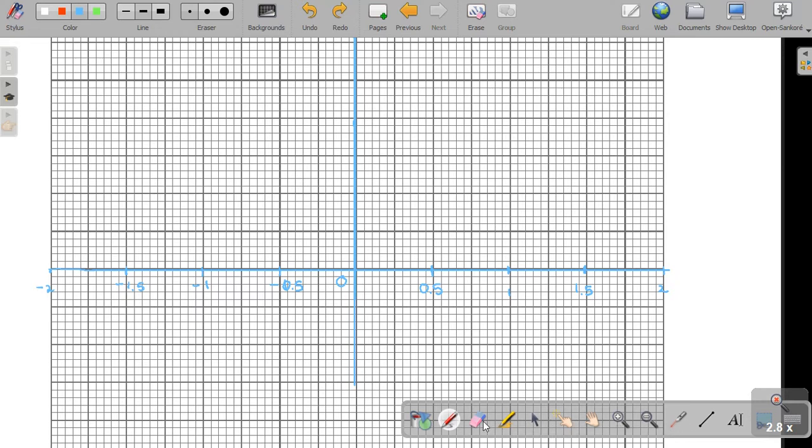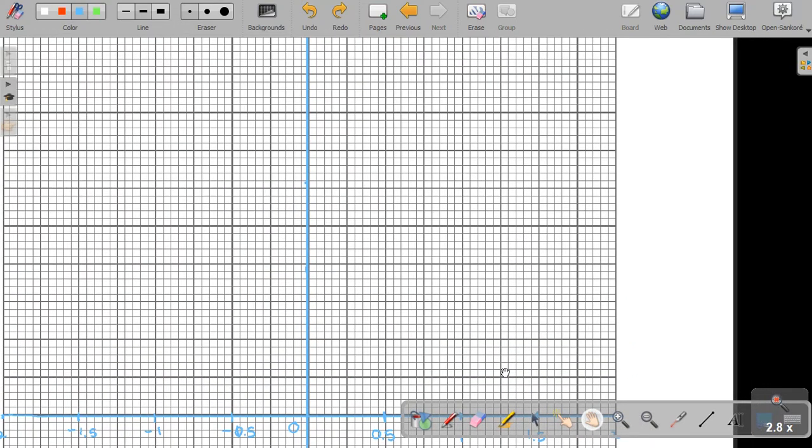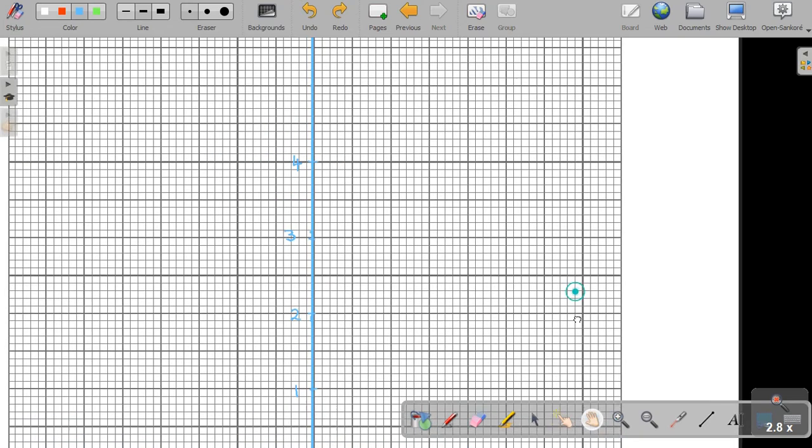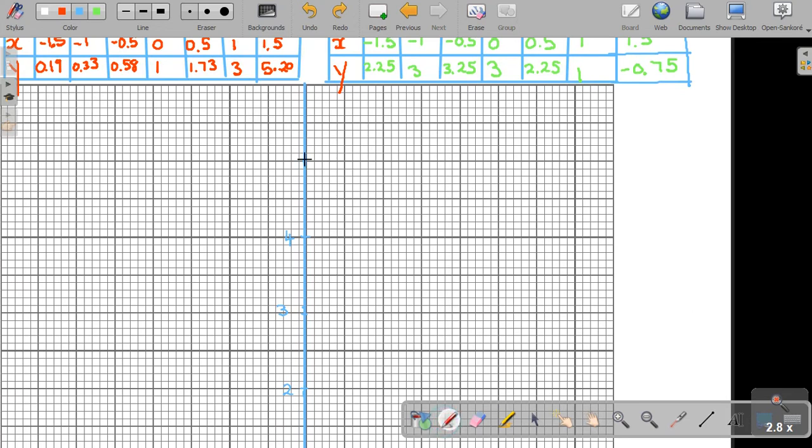Okay, let's just write it down. So this is going to be -1. 1 unit. Okay, so this is 1, this is 2, this is 3, this is 4, this is 5, and this is 6.